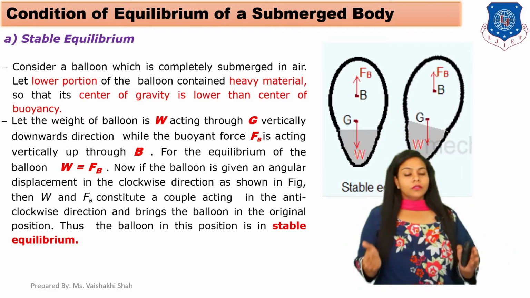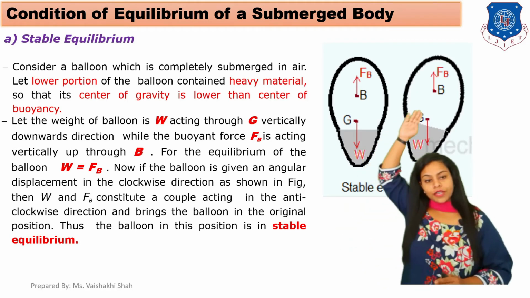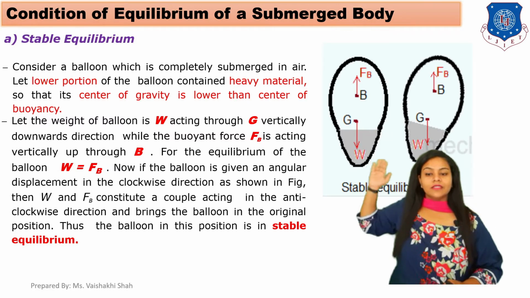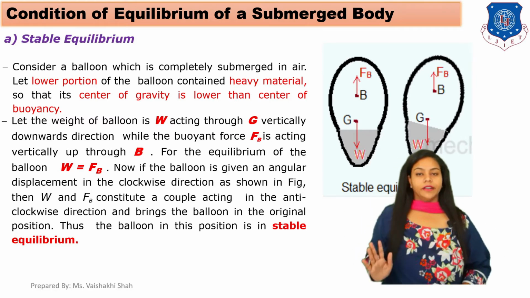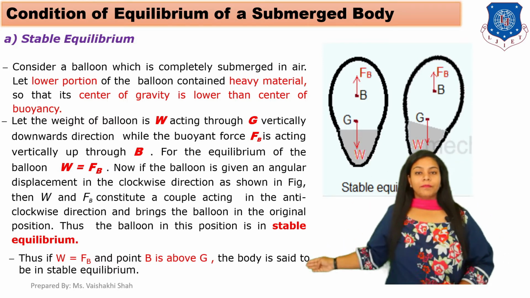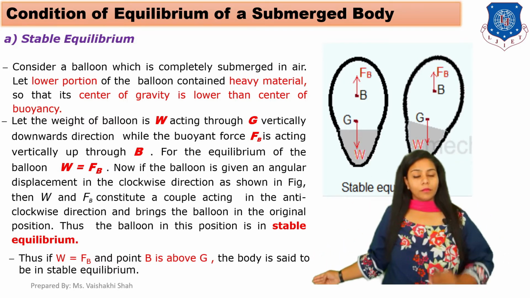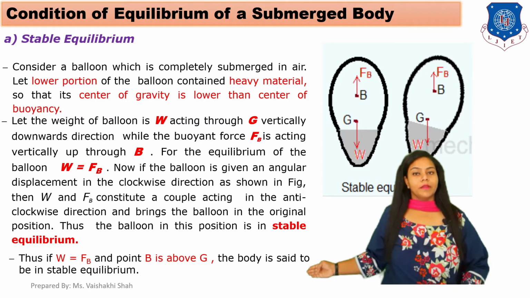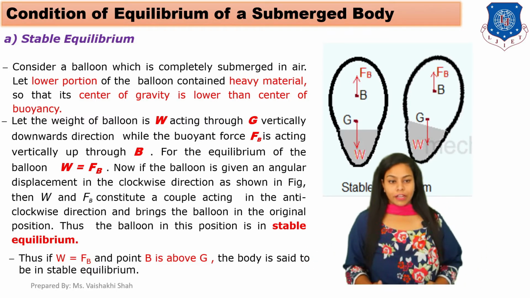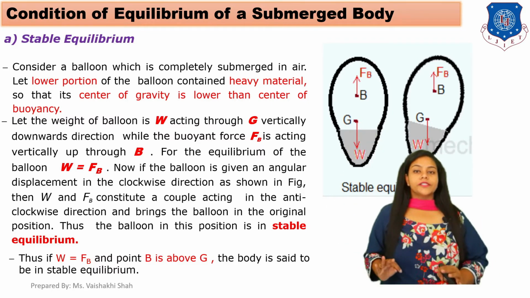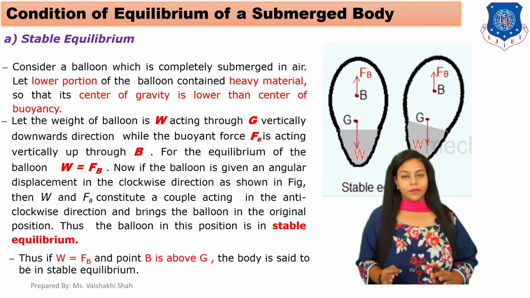So the balloon is brought back to its original position, which is a stable equilibrium condition. So if W equals FB, then point B is above G and the condition is called stable equilibrium.